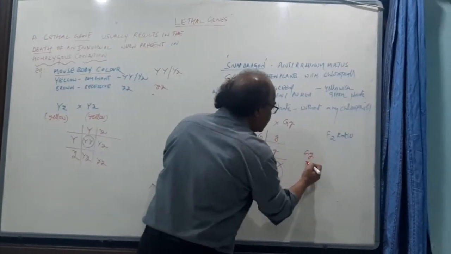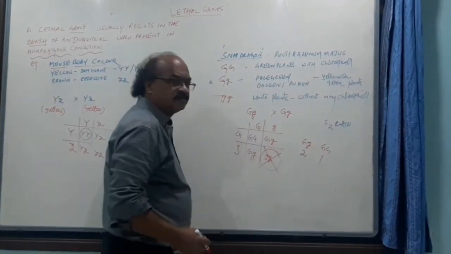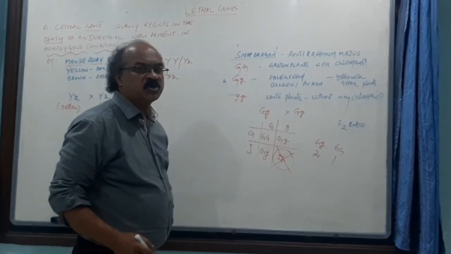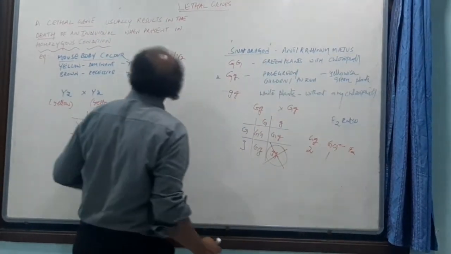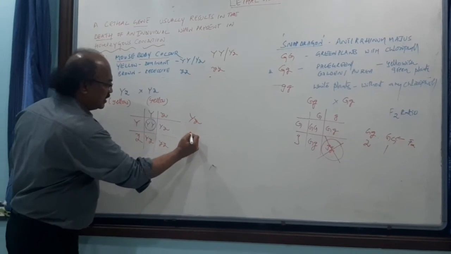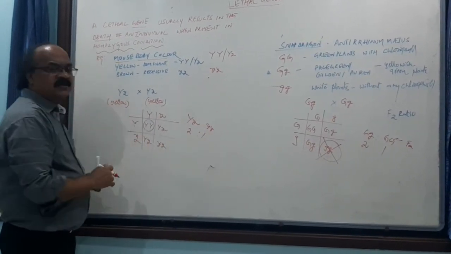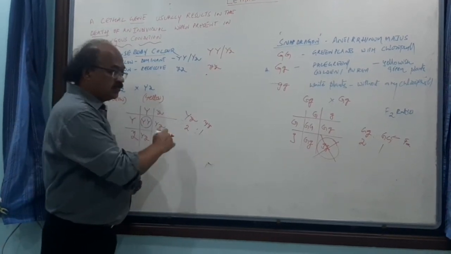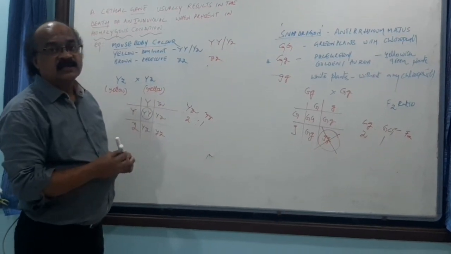Capital G small g 2, capital G capital G 1. Here the green plants and aurea plants are 2:1, the F2 ratio. In the mouse, capital Y small y 2, small y small y 1, 2:1. So be careful in the examination, they may give you 2:1 or 1:2. That is the lethal genes ratio.